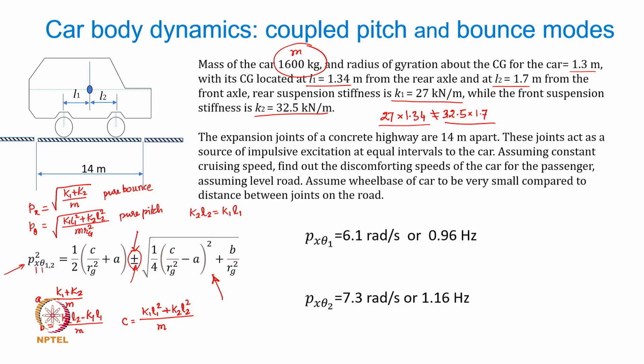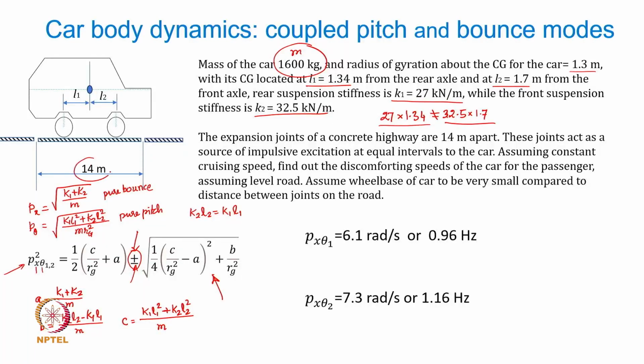Okay, and how do I find the two discomforting speeds now? Assuming that both the wheels will be almost getting impulses simultaneously, the repetition period is going to depend on the gap between these two, and the speed with which the car is going to cruise, and we have seen that. So the frequency of excitation would be how much?